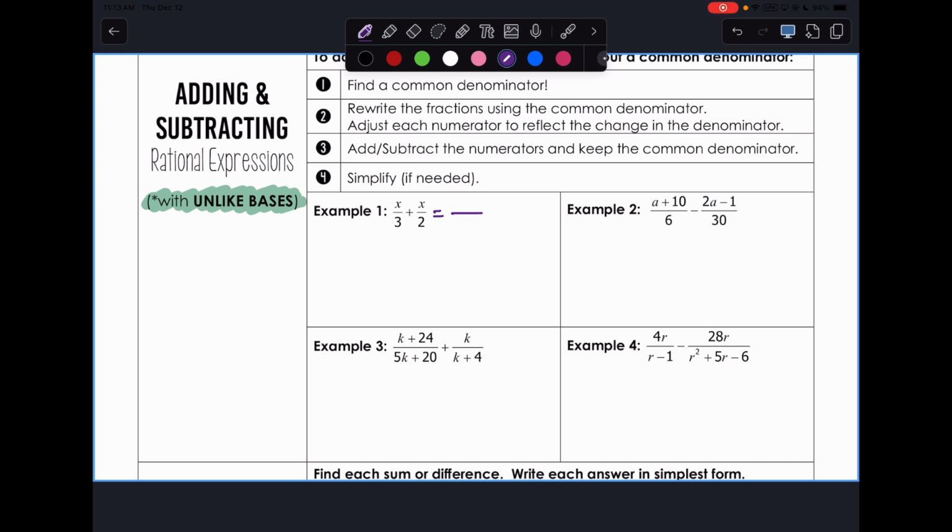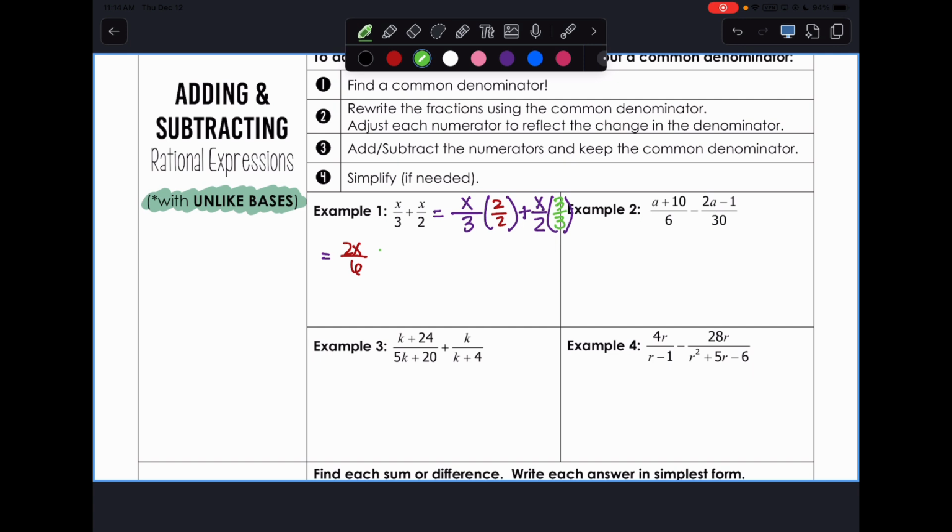6. I'm so glad you didn't say 5. All right, so I have x over 3 needs to be multiplied by something to make 6, and x over 2 needs to be multiplied with something to make it a 6. So what are those somethings for x over 3? 2 over 2. Thank you, Leo. So we have 2x over 6. And then the second one needs what? 3 over 3.